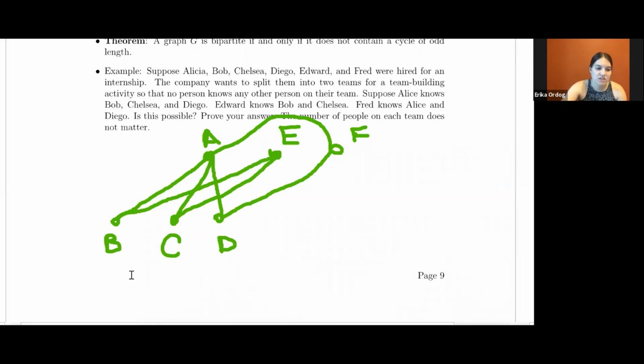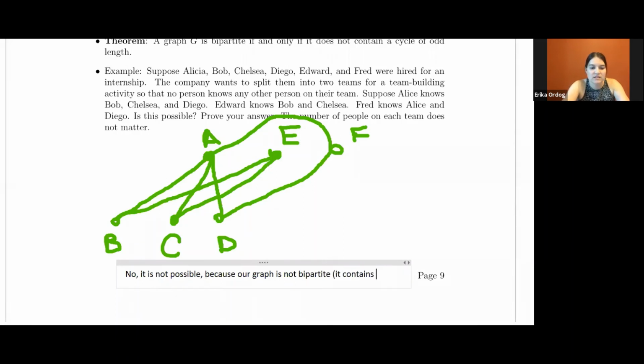The answer to this question is no. It is not possible because our graph is not bipartite, and that's because it contains a triangle. So I'm sure there are other ways of answering that question too, but you can do it using graph theory.